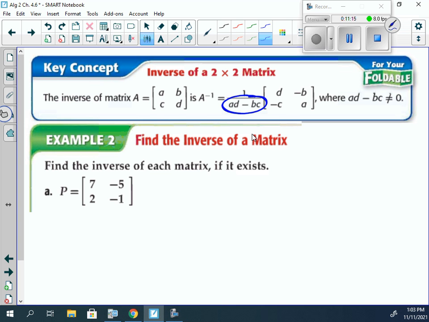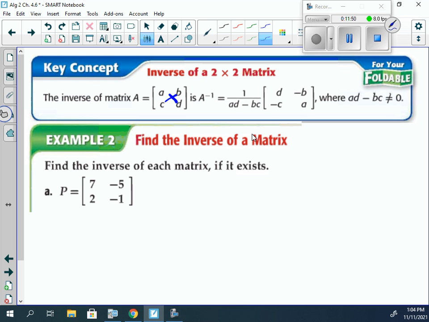It should, because we did that a few days ago. It was our 2 by 2 determinants. So really, this is just 1 over the determinant of matrix A, or we can just say AD minus BC.